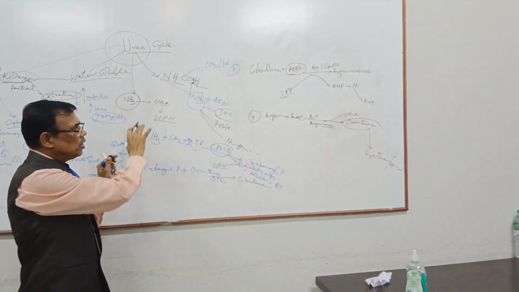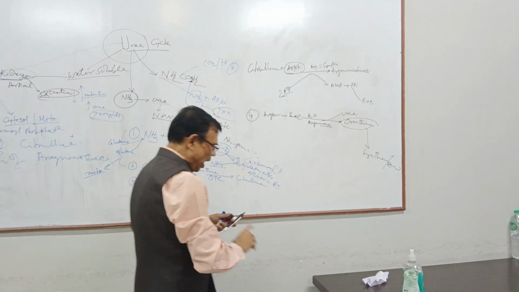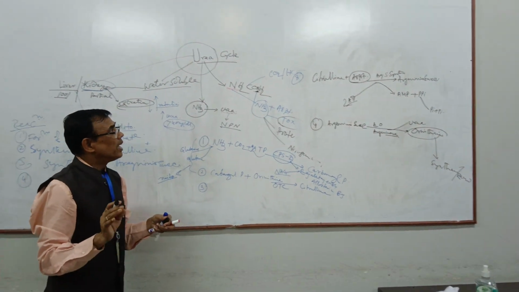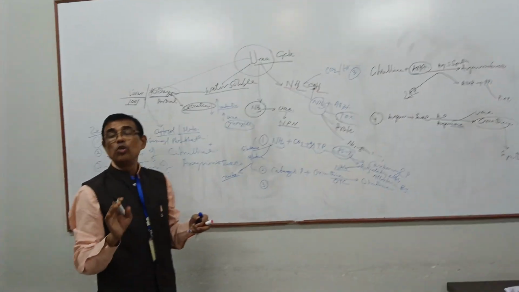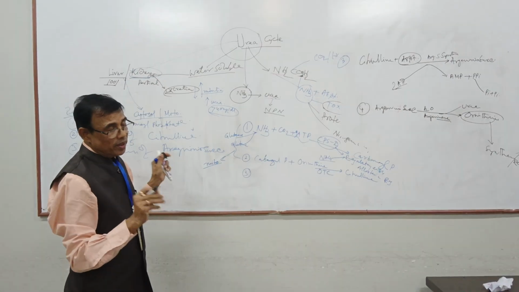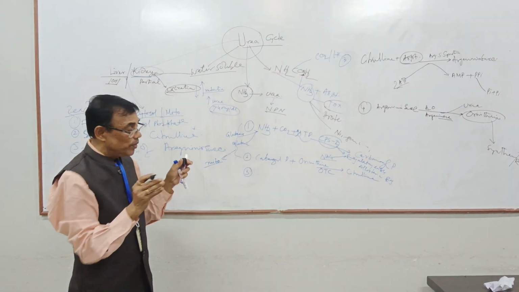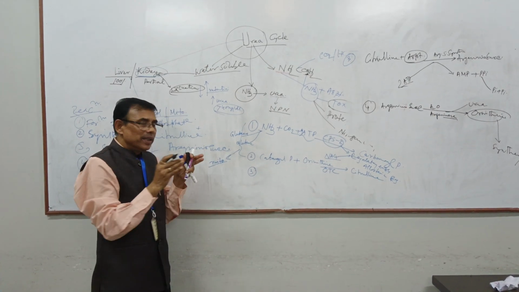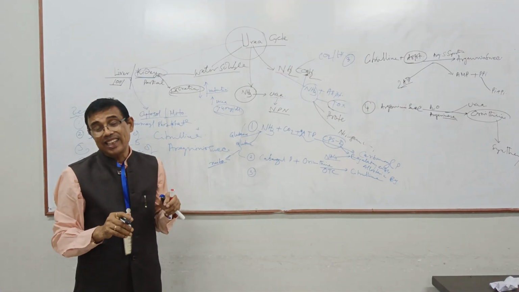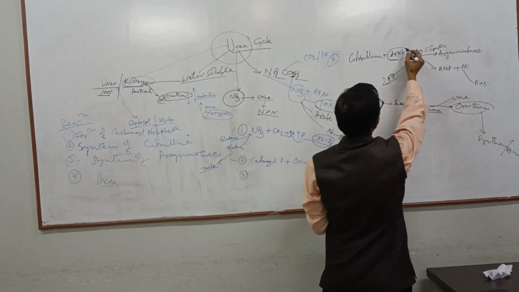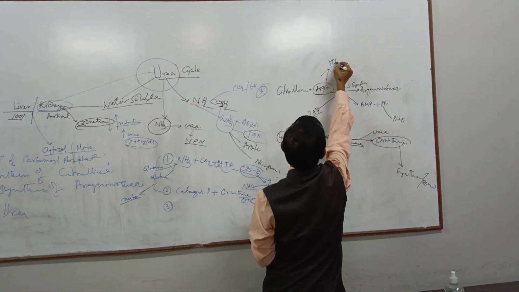Okay, so now here is another point. When aspartate is used, that is another crucial point regarding this cycle: the connection or relation between the urea cycle and the TCA cycle. What is the relation? The aspartate is coming from the TCA cycle.